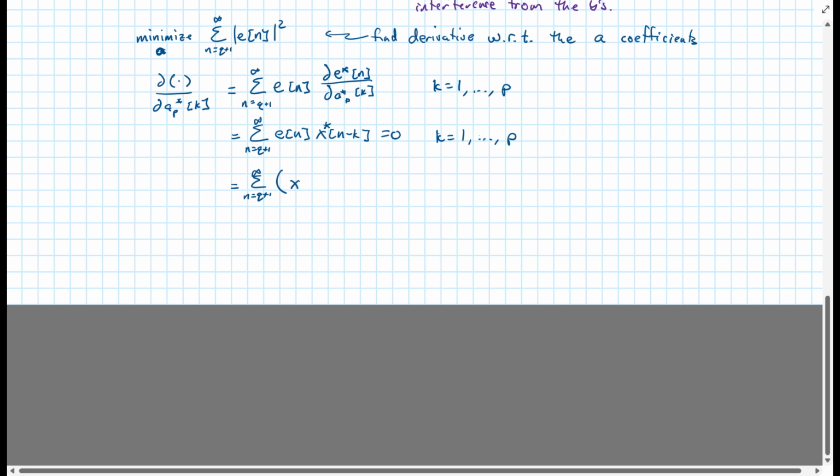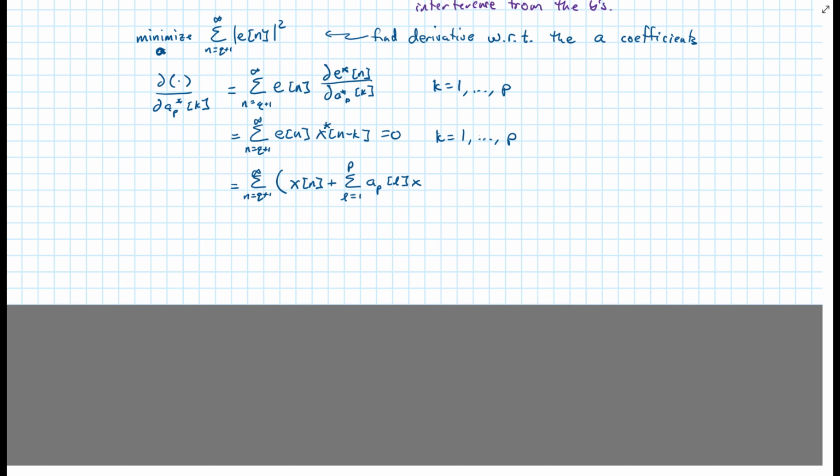Expanding out e over the range of interest here, so once again we don't have our B coefficients anymore, we get the sum of a_P of L x of n minus L times x star of n minus k.